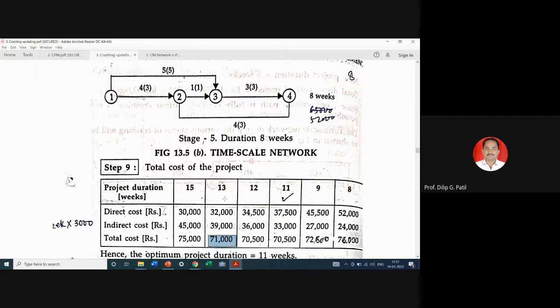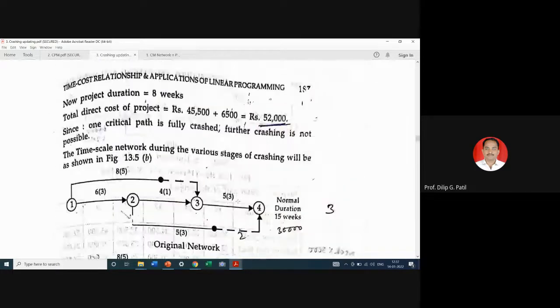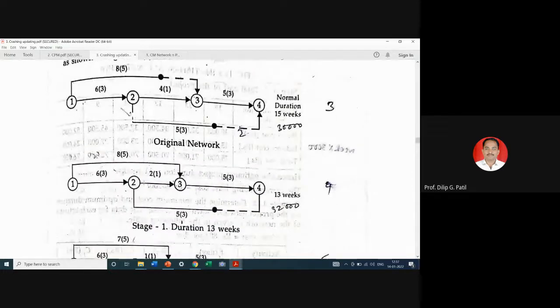मग आता पुढे हे पहिली स्टेपची झाली आपली क्रॅशिंगची की लगेच आपल्याला नेटवर्क बदलायचं आहे. इथं बघा, इन्स्टेड ऑफ 4 इथं आपल्याला किती करायचे, परत 2 करायचं आहे.